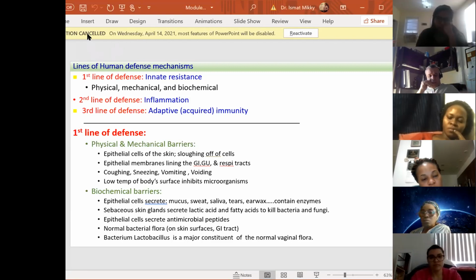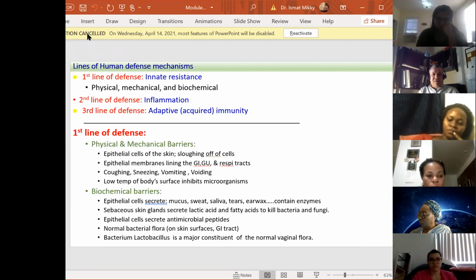Okay. So the first line of defense, the examples would be the physical and mechanical barriers and biochemical barriers. I'll give a few examples underneath each one. Now the second line of defense is the inflammatory response, the inflammation, when our body develops the inflammatory response.